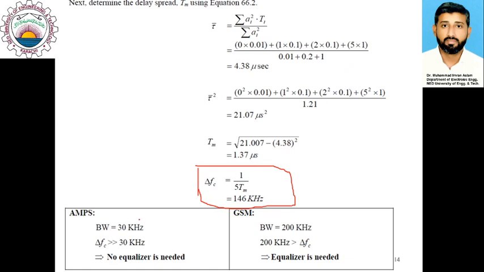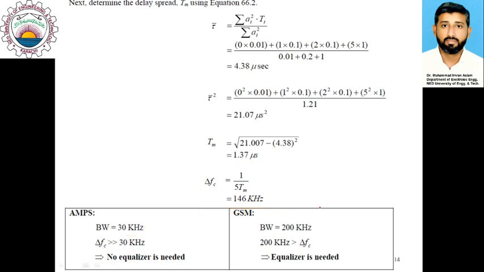For IS-136, the bandwidth is 30 kilohertz and the coherence bandwidth is 146 kilohertz, and you can see that the coherence bandwidth is significantly larger than the signal bandwidth. In that case, we would not need any equalizer.